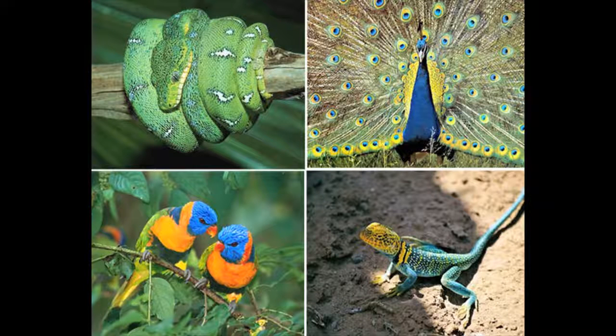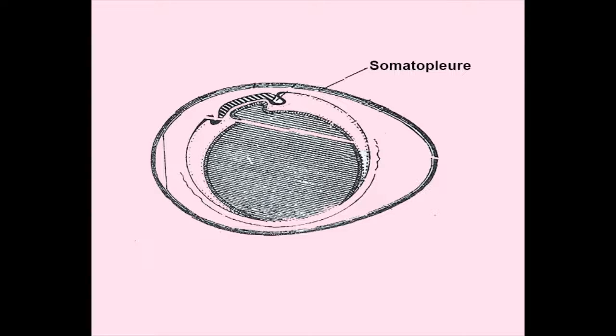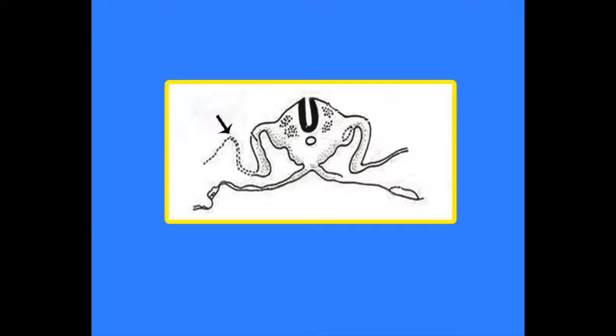In reptiles and birds, the somatopleure and splanchnopleure develop from the periphery of the blastodisc. These usually spread peripherally over the yolk mass. Soon afterwards, the embryo undergoes series of folds which appear all around the body of the embryo.